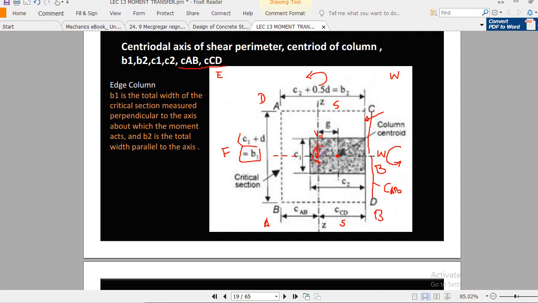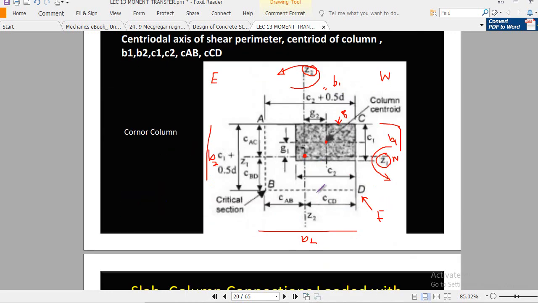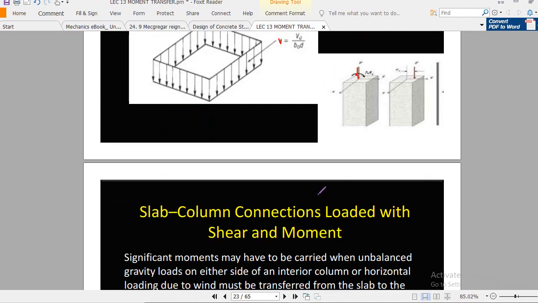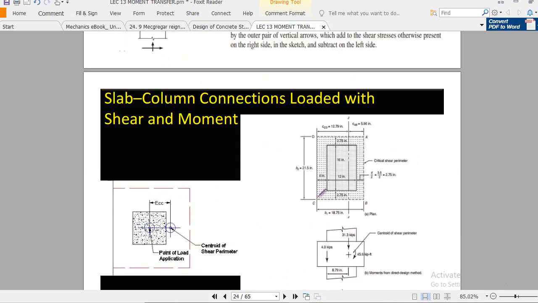So VU times this distance G, so the net moment will be this moment plus VU into G, right? And this is important, and you will understand this by understanding this example.